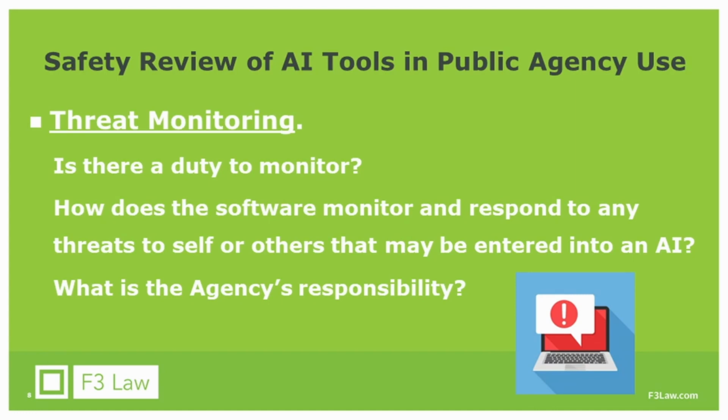And of course, we want to make sure that if you have the capability to monitor for self-harm or a potential school shooting, that there's actually a means in which to intercept the threat and then respond to it, that you have a process in place for response and prevention. That's something we also work on with school districts and agencies on threat monitoring and response protocols, because frankly, there's a big legal liability there if you are not monitoring or you are monitoring but fail to appropriately respond.